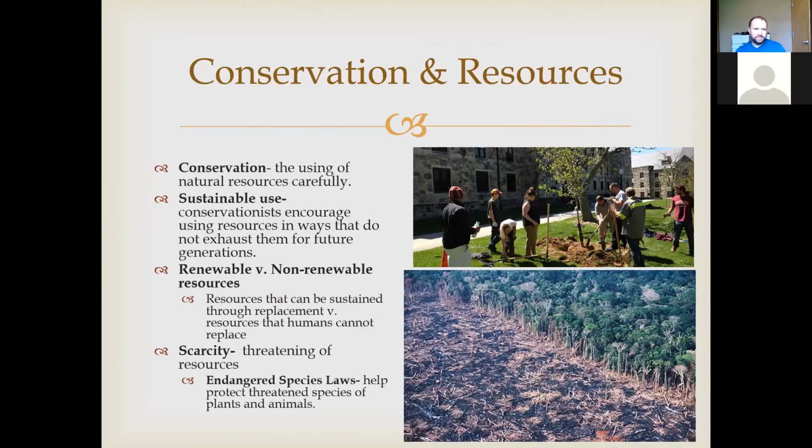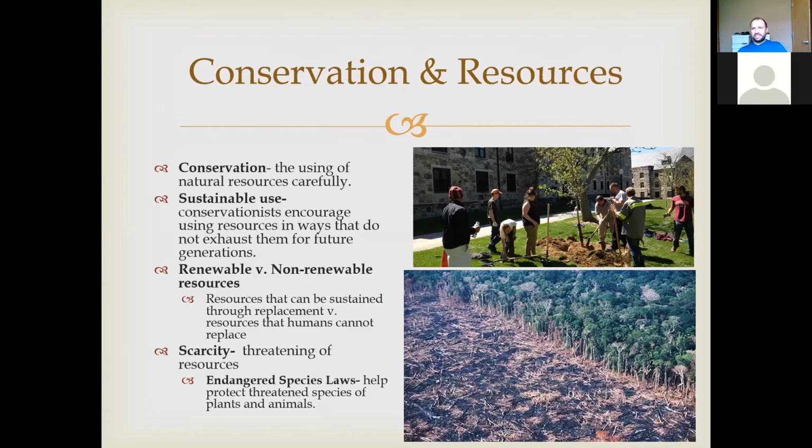So conservation is simply, when we use the word conservation, we're talking about using natural resources carefully. Conservation is a little bit different than preservation, right? When we use the word preservation, we're talking about totally preserving something and keeping it intact, which, as it pertains to the environment, is different than conservation.